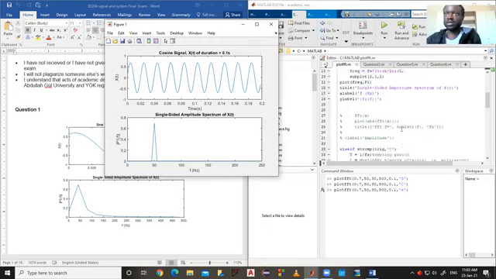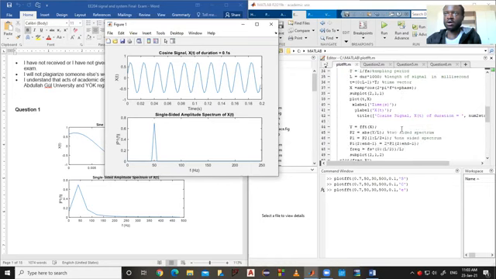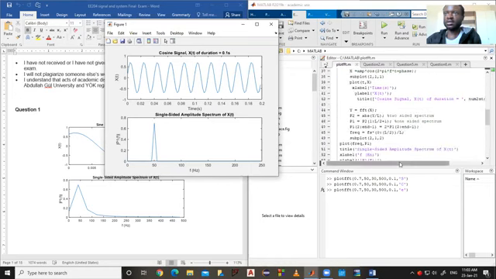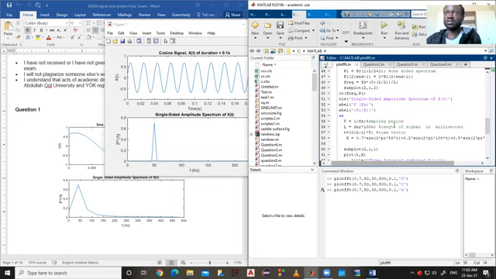I designed a signal which is a combined signal of different frequencies and different amplitudes.